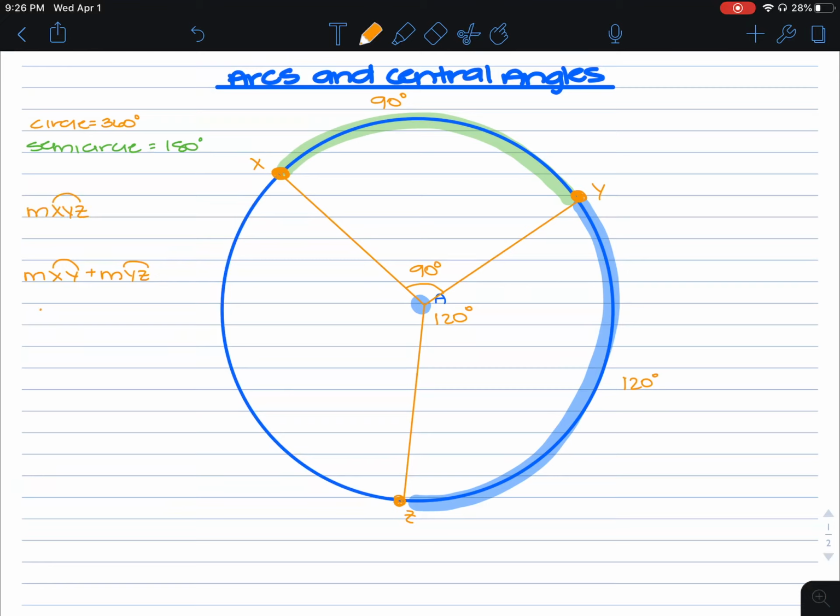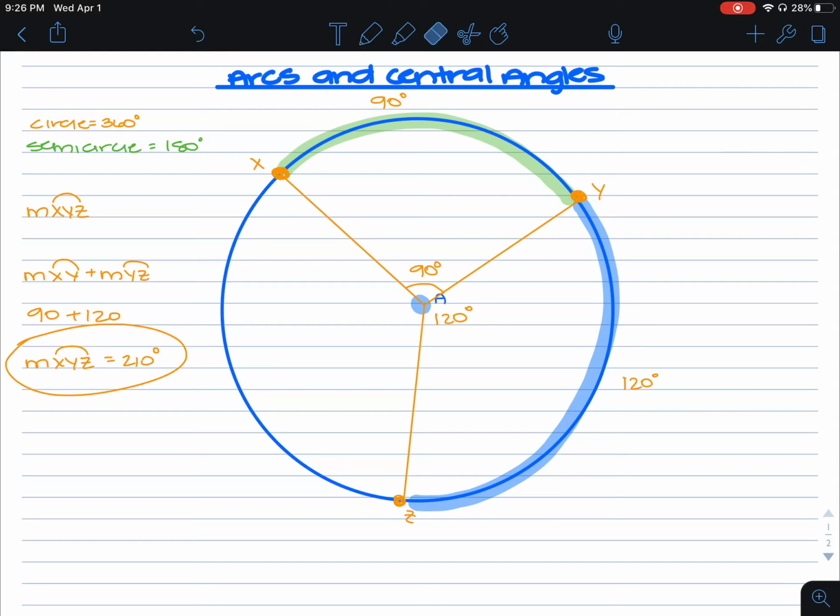So let's add them. I have 90 is my XY plus 120. Well, what is 90 plus 120? The measure of X, Y, Z should be 210 degrees. And this is for arc addition postulate.